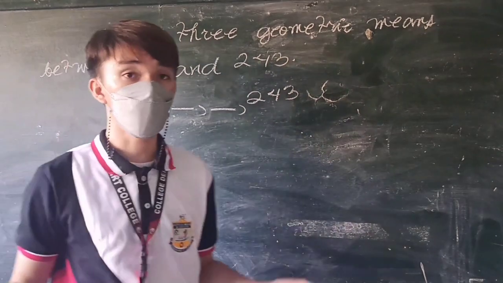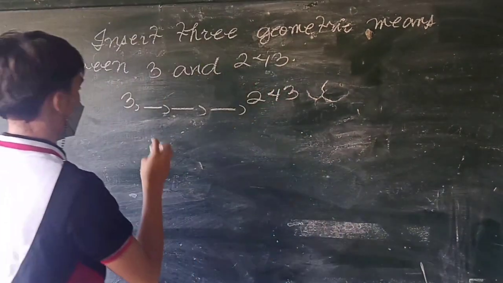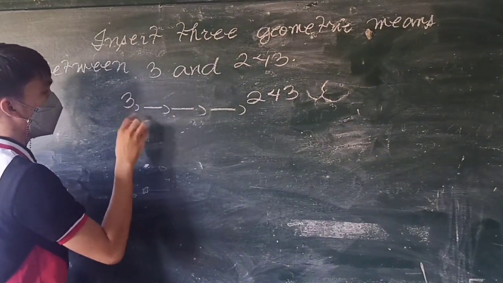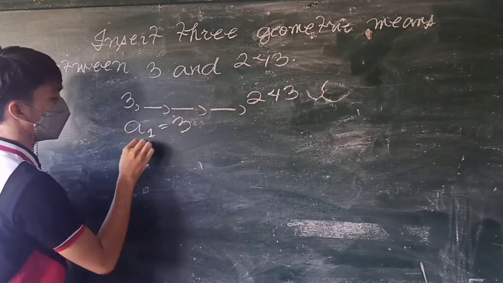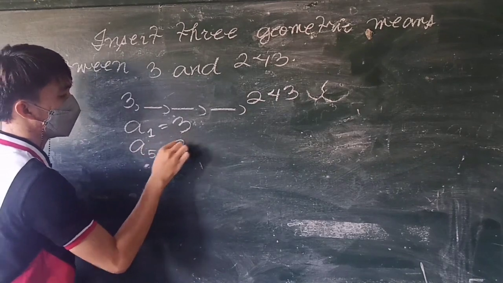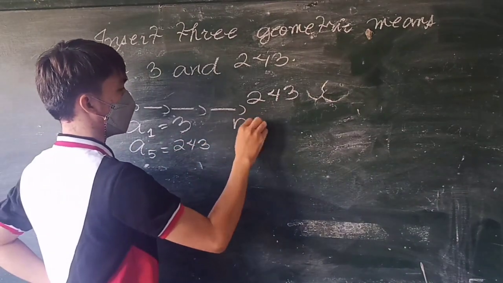So first, we should look for the common ratio. How? As we all know, a sub 1 is equal to 3. Then 243 is the fifth term, so it's a sub 5. So we will be looking for r, or the common ratio.